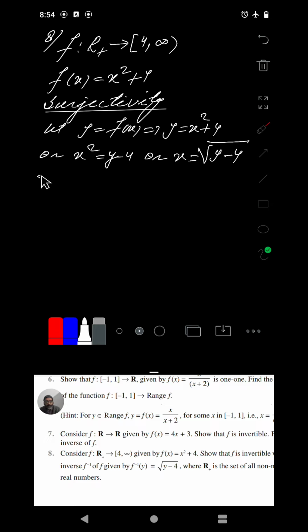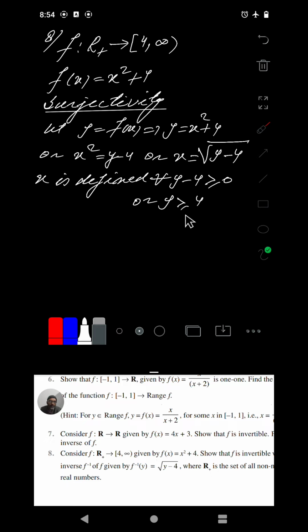Here x is defined for all y minus 4 greater than or equal to 0, or y is greater than or equal to 4. So y is greater than or equal to 4 means from 4 to plus infinity, and that way there will be closed interval because there is equality with this greater than sign. So range of function is equal to closed interval [4, infinity).